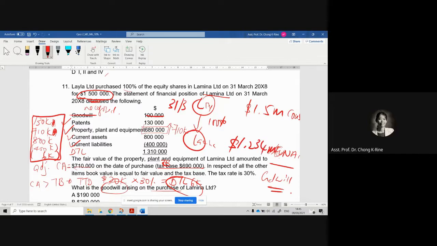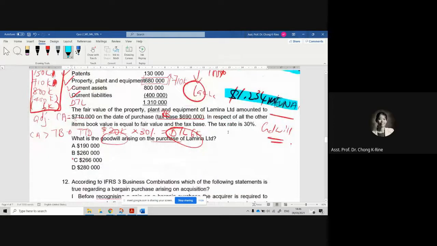We purchased 100%, right? So we use 1.5 million to buy 1.234 million worth of company in terms of shares, and therefore we are paying an extra of 266.